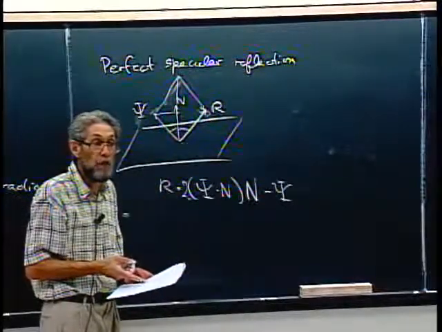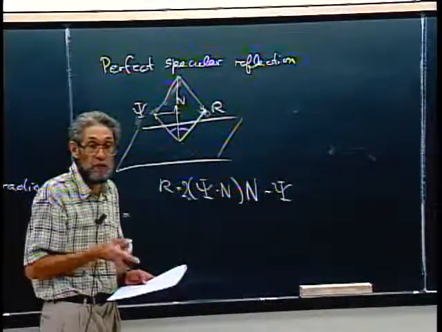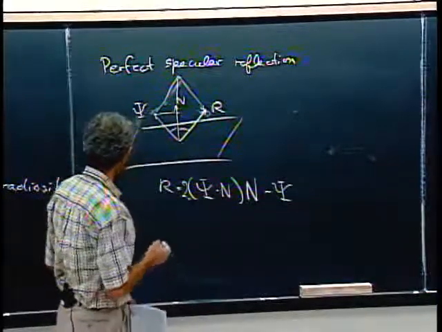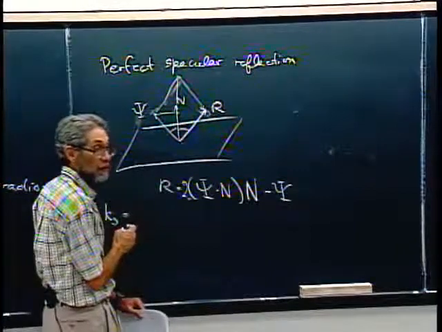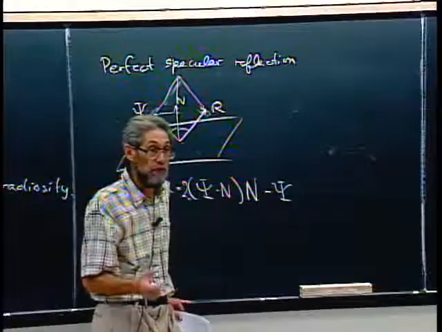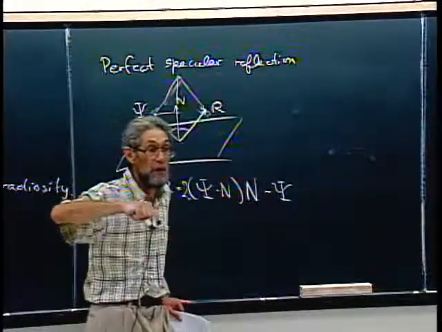If it were gold, it would reflect more colors near red, yellow, and green than it will reflect blue. So this Ks can depend on the wavelength. And in general, if it's something like a surface of glass or water, it's going to depend on the incident angle, and actually for metals too.